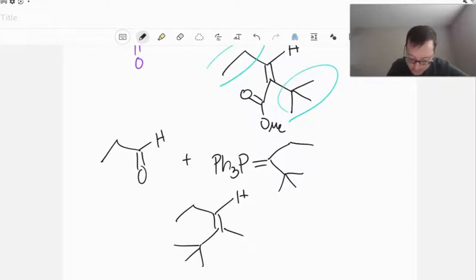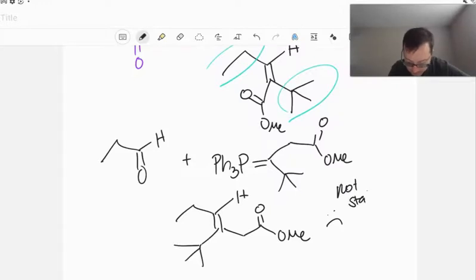Notice I could even put this, if it's too far away, it can't resonate, doesn't stabilize it. It's got to be right next to it so it can stabilize the negative charge. Remember, because this is really plus minus. If the ester is too far away, or your electron withdrawing group is too far away, it's not stabilizing your negative charge.